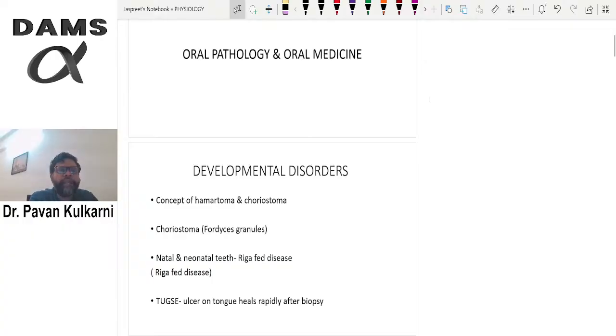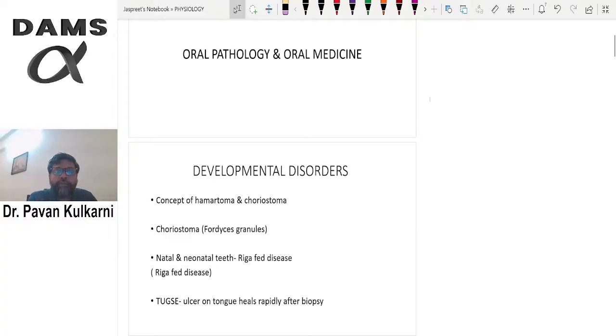For example, they will give an image of ghost cell, and they'll ask you to diagnose what this structure is or in which particular cyst this structure is seen. Other examples: they will show you Zank cells.